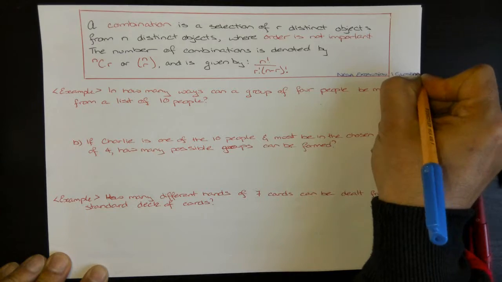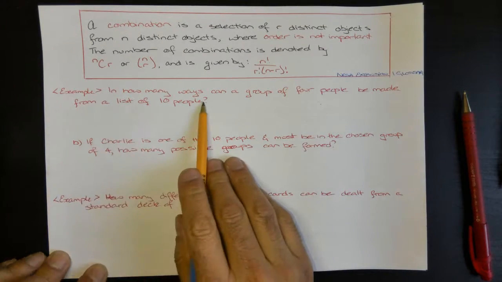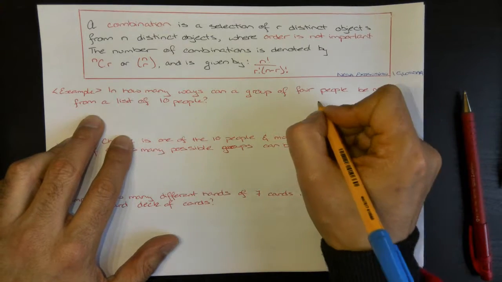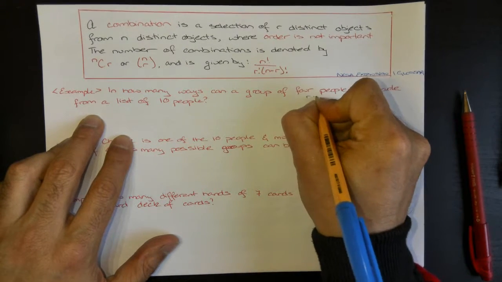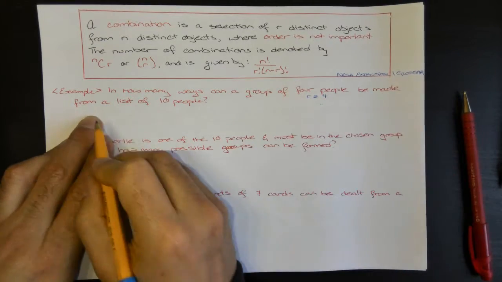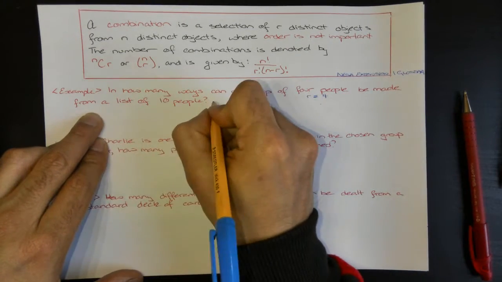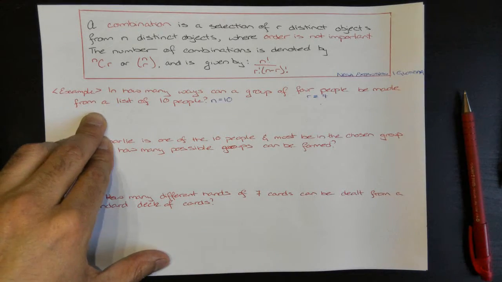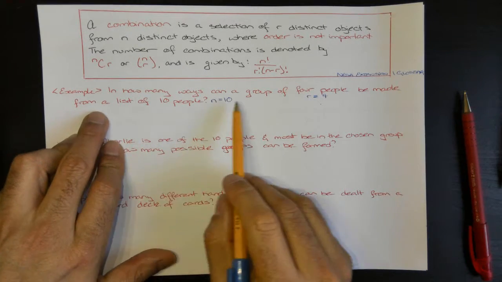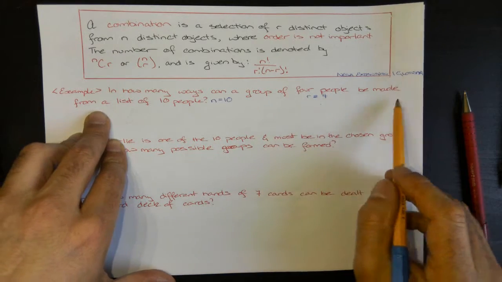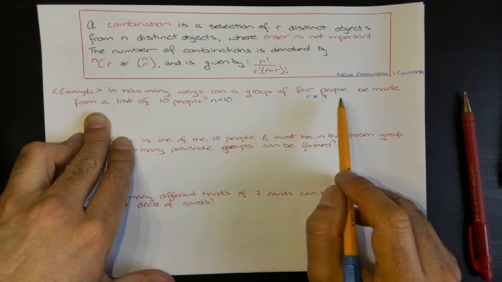Okay. So let's do some examples. In how many ways can a group of 4 people, so that's going to be your r, be made from a list of 10 people? So n is going to be 10 in this situation. Here, obviously, for the 4 people, the order doesn't matter. So Abby, Brian, Charisse, and David are the same as Brian, Abby, Charisse, and David.